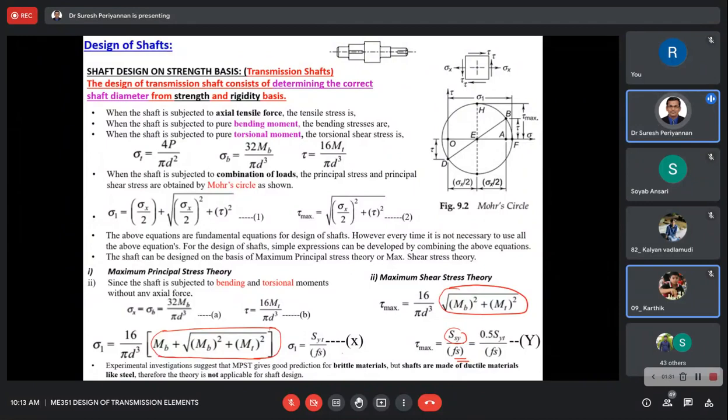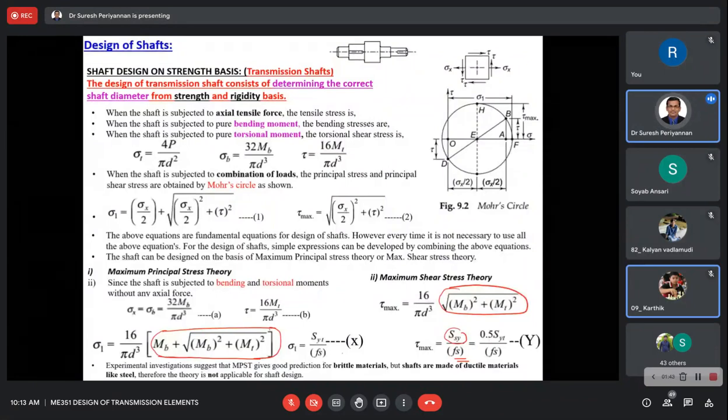Now, solid shaft design is based on strength basis, torsional rigidity or lateral rigidity basis, and ASME code approach. These are the three ways we have discussed for solid shaft design, and we discussed the corresponding problems.